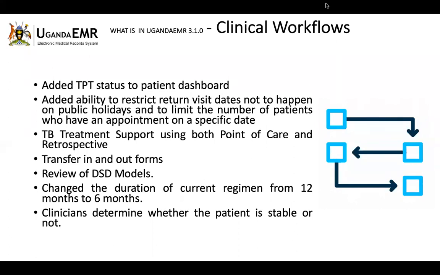So if you have set 100 or 200 to be your maximum number of people that can be seen on a particular day, once you reach the 200 people, you are reminded that you've already reached your maximum number of patients. That way you cannot schedule a patient who will come to a facility and not receive the service.